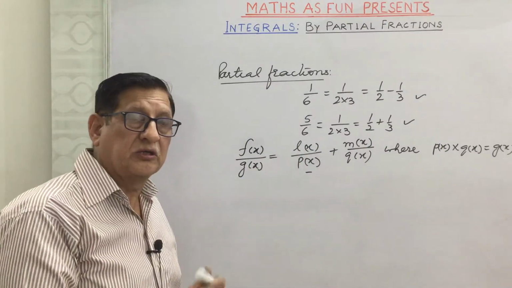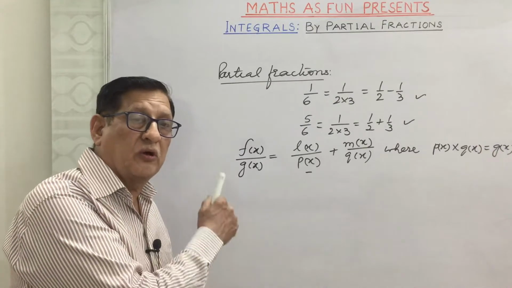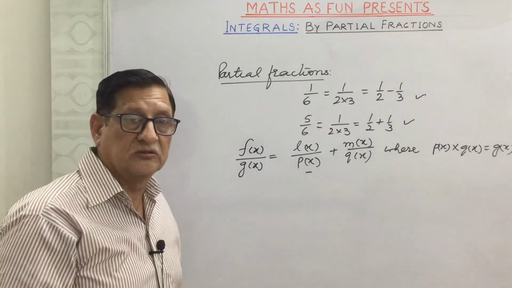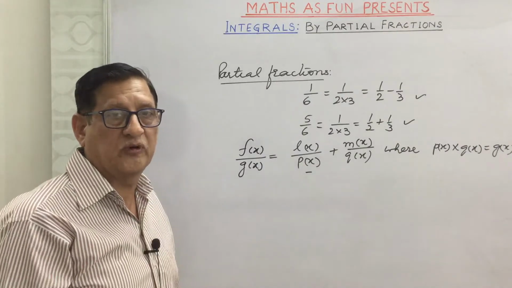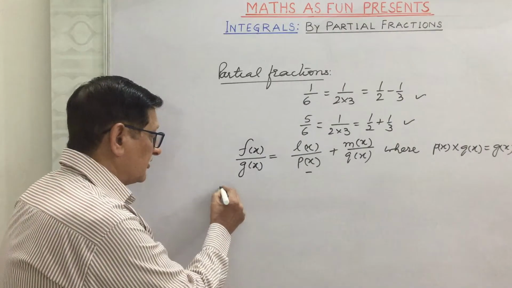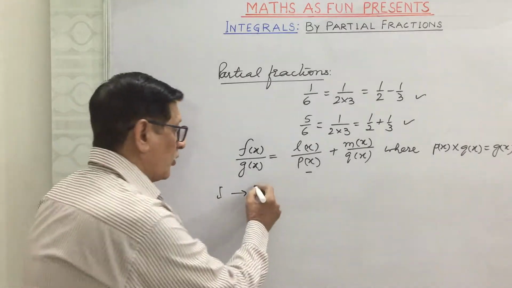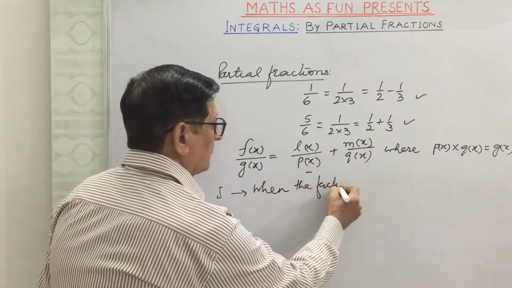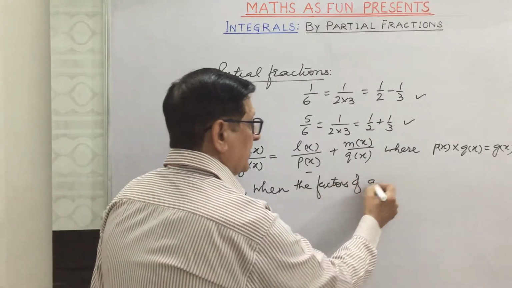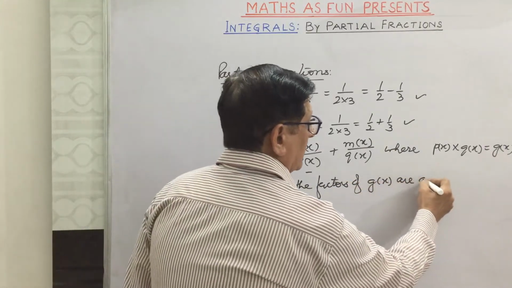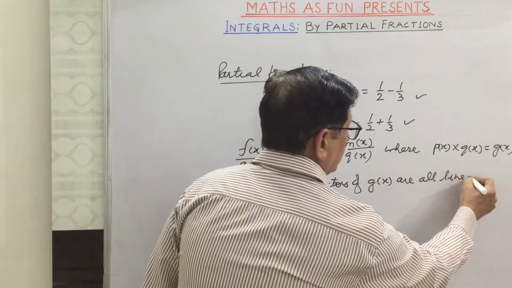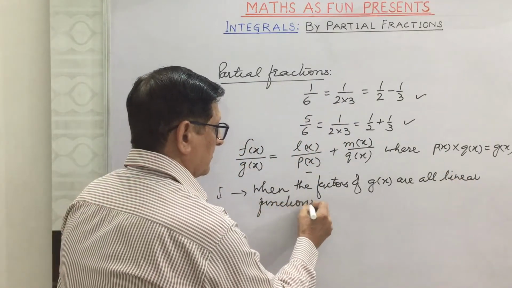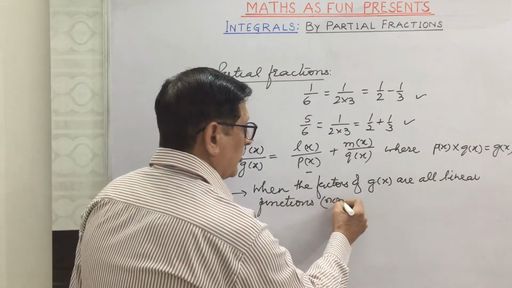To find the integrals of such type of functions which can be resolved into the partial fractions, we will have three types of problems. What are those? The first type we will have when the factors of g(x) are all linear functions and they are non-repeating.